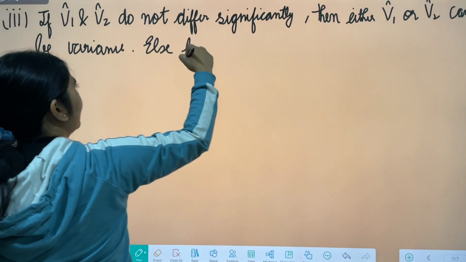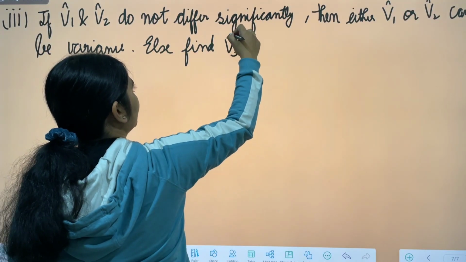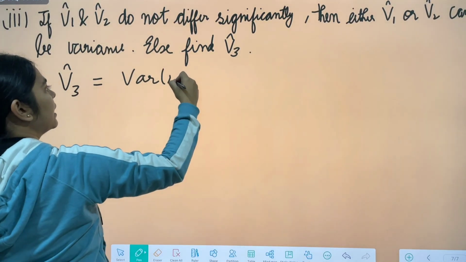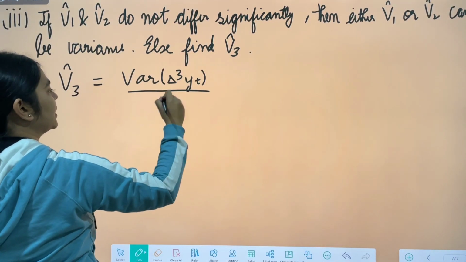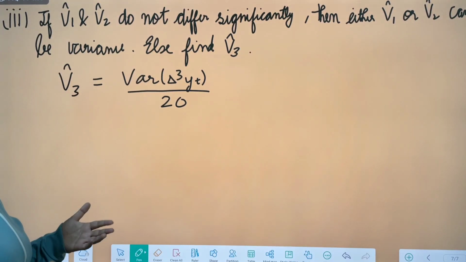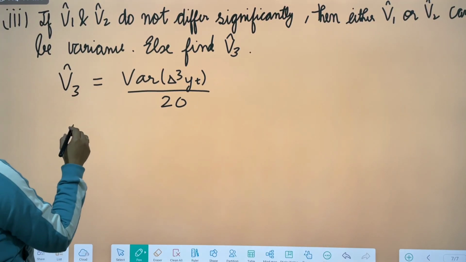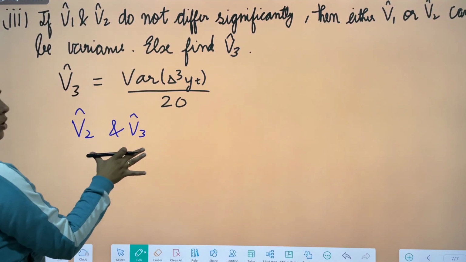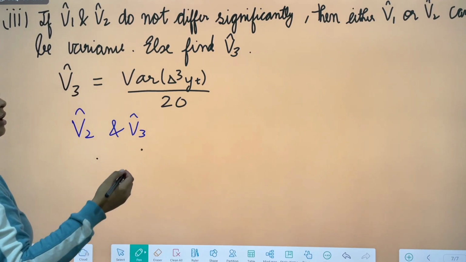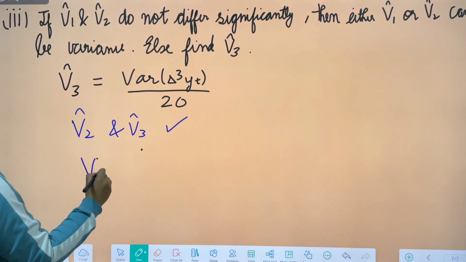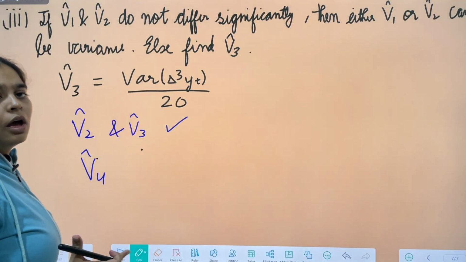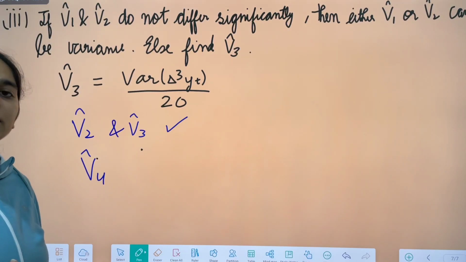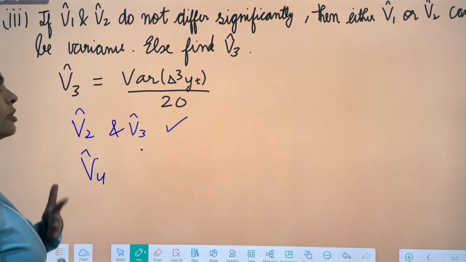Else, find v3 cap. v3 cap would be the variance of Δ³ y_t upon 20. Then we'll check v2 cap and v3 cap. If they do not differ significantly, then either of them can be considered. If they differ significantly, then we'll find v4 cap, and we'll keep on finding variances until two continuous variances come out to not differ significantly. So this would be the method.